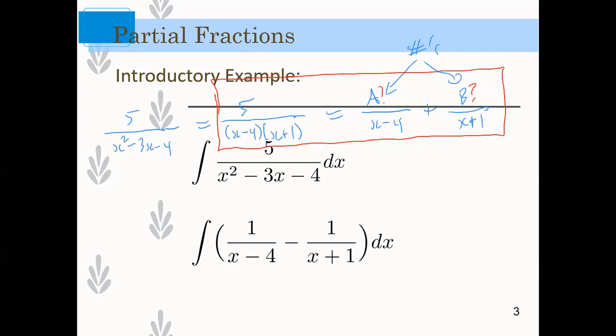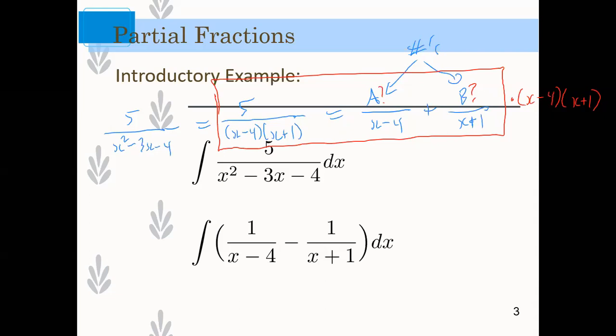I want to multiply everything by, what could I multiply by that would clear the entire collection of denominators? x minus 4 times x plus 1. I'm going to multiply everything by x minus 4 times x plus 1.